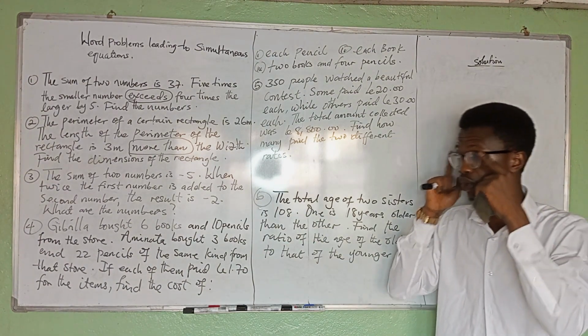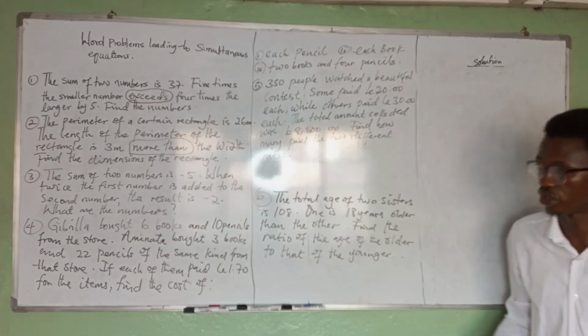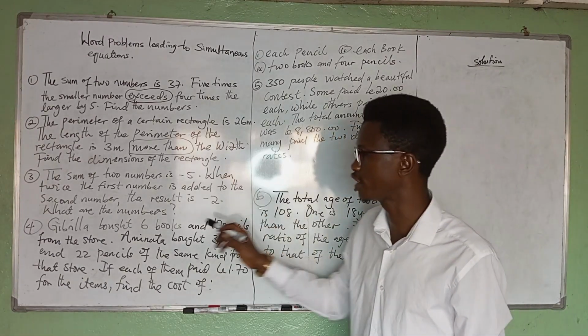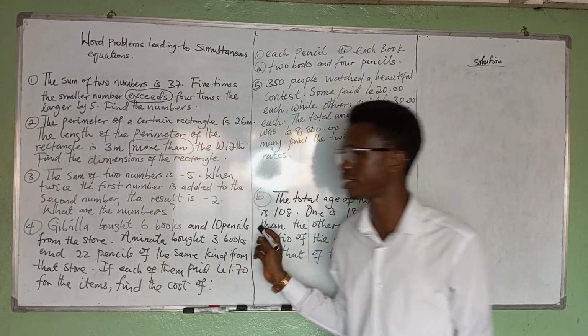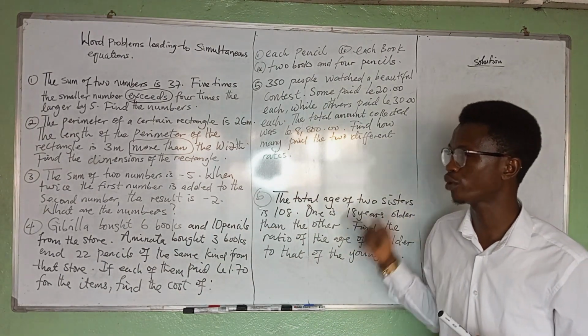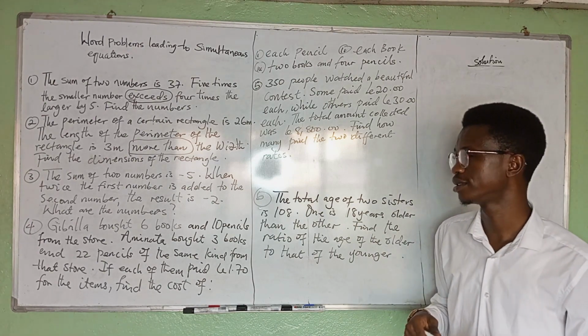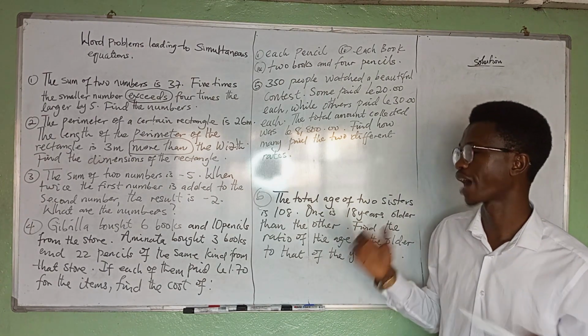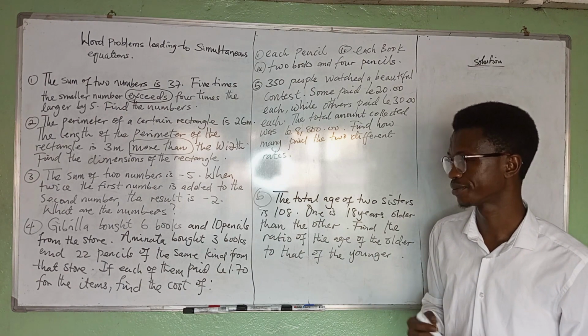Okay, so it says Jibrila bought 6 books and 10 pencils from the store. Aminata bought 3 books and 22 pencils of the same kind from that store.